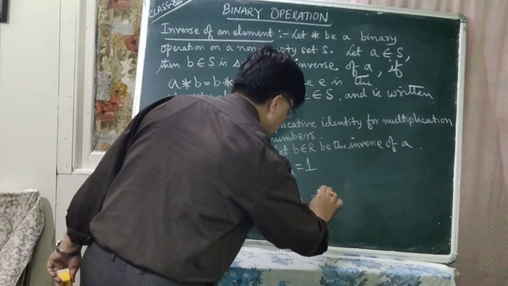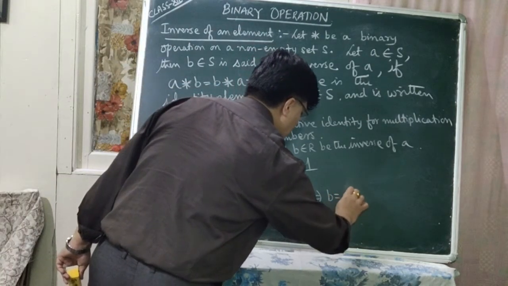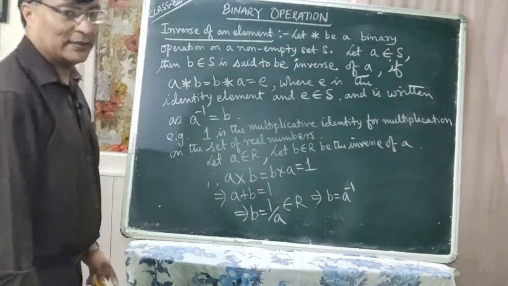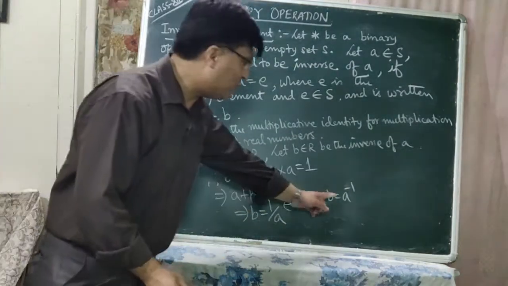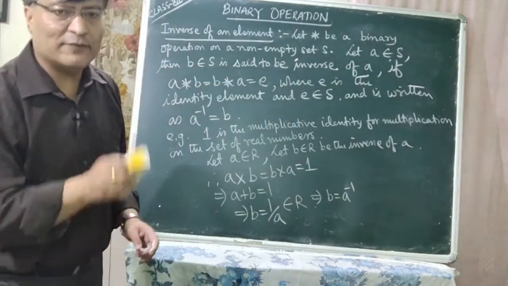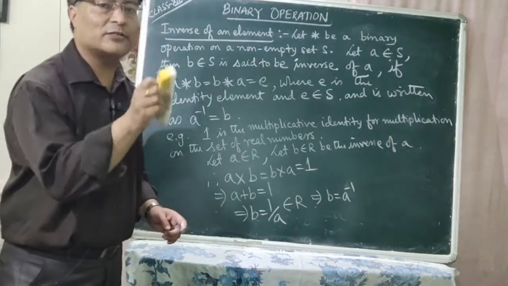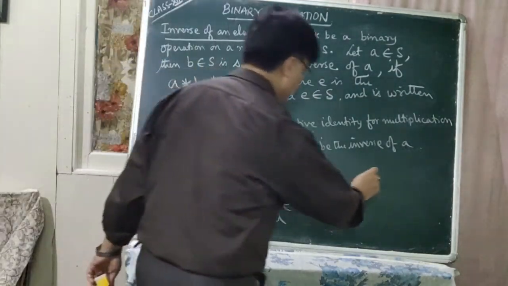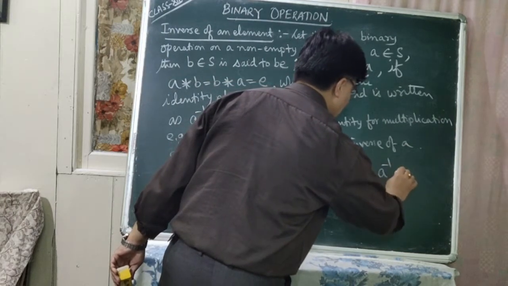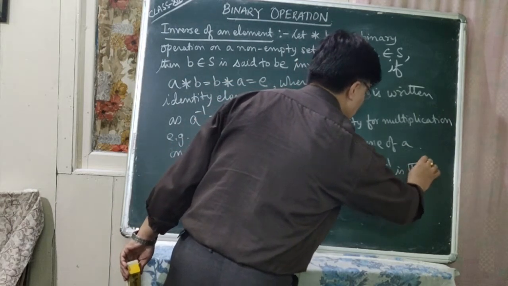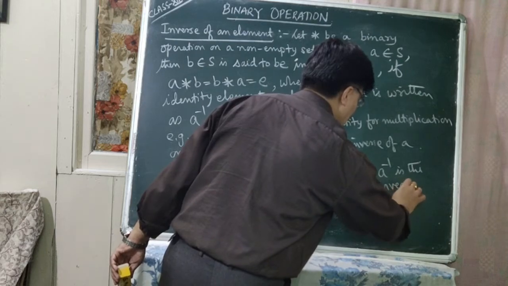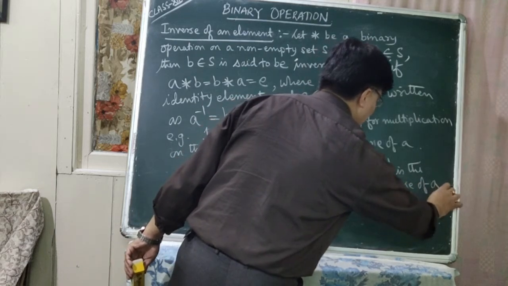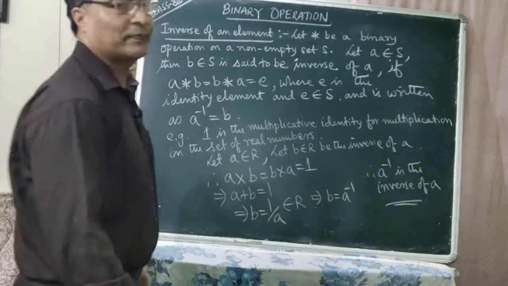Or you may write B is equal to A to the power minus 1. So this A inverse is the inverse of A for multiplication. So that is your answer.